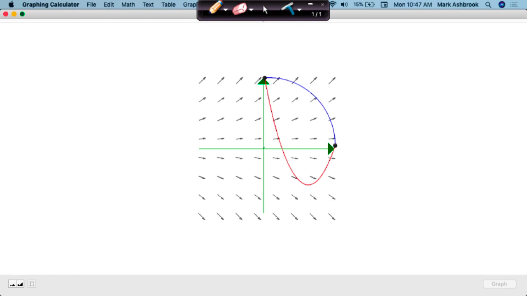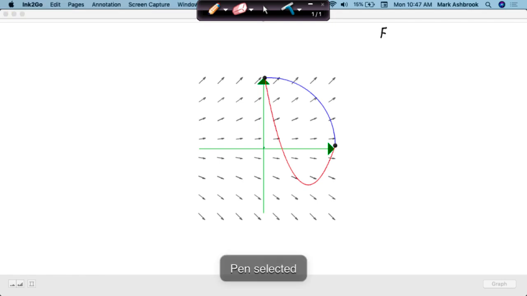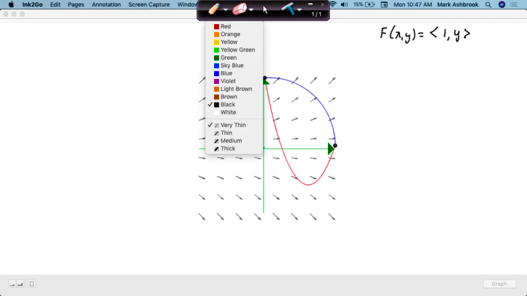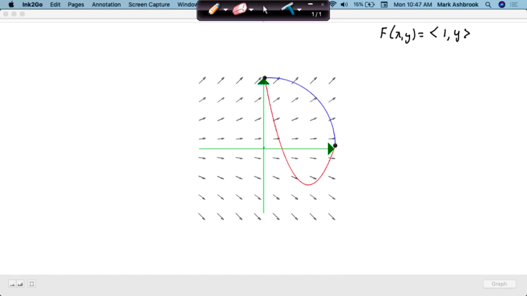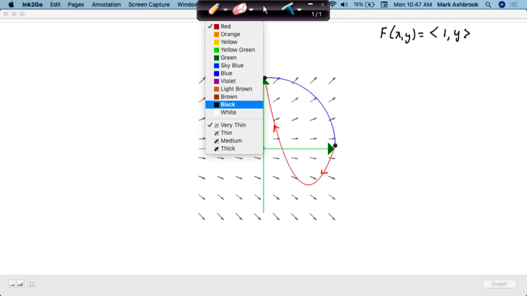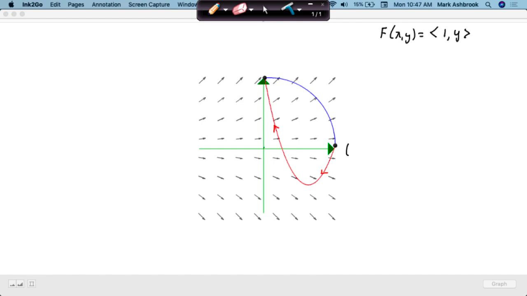Vector field, and the vector field is ⟨1, y⟩. And I want to find the line integral along this red path from (8.72, 0) to (0, 8.72).